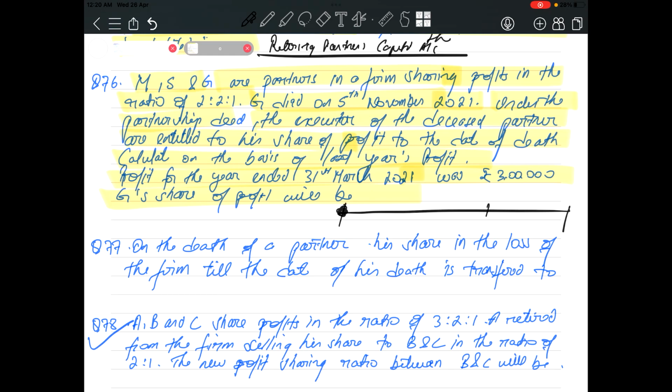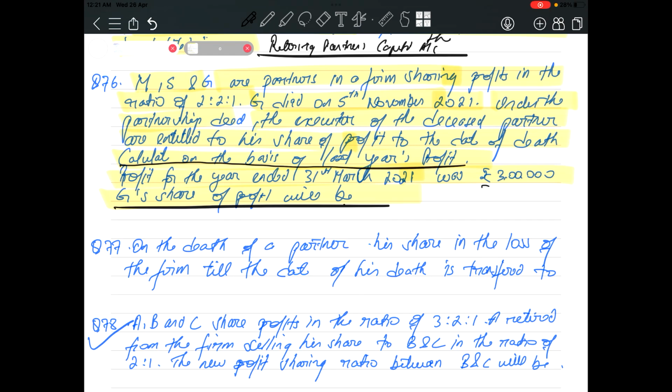Now G died on 5th November, so for this period G had worked. They are talking about the profit for this period. We have to calculate G's share of profit for that period, on the basis of last year's profit, which was 3 lakh rupees.